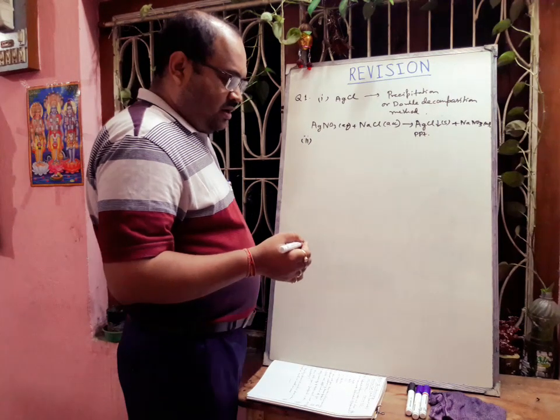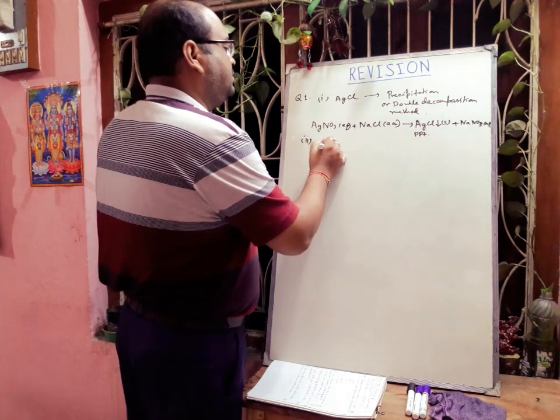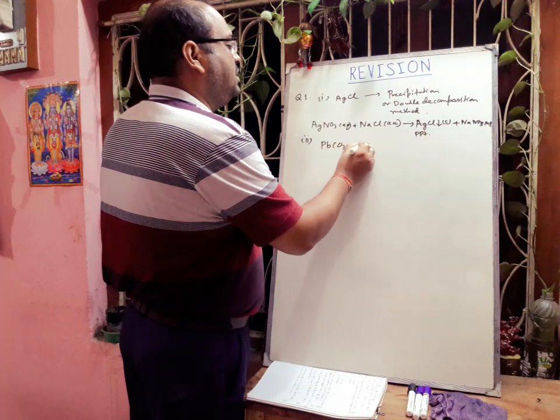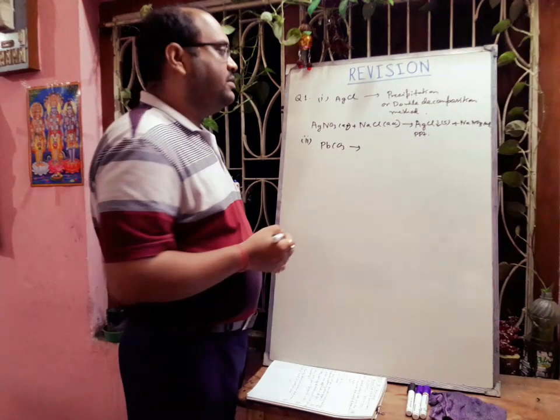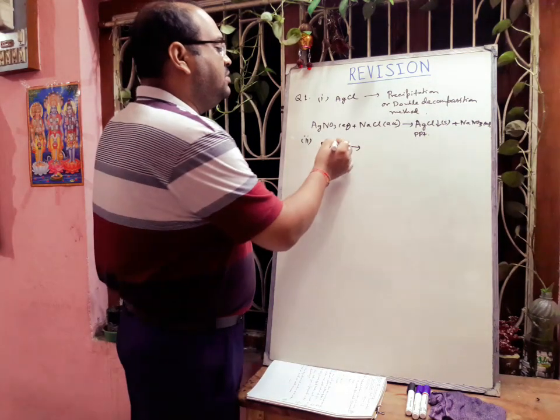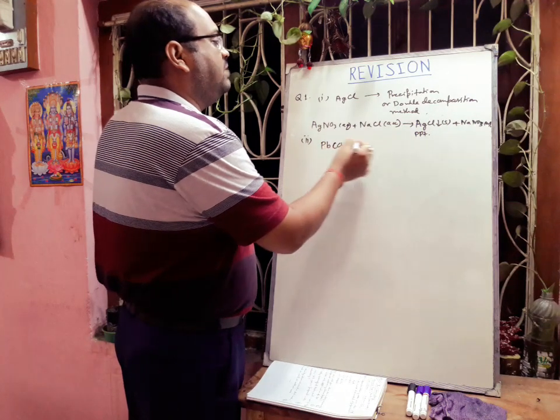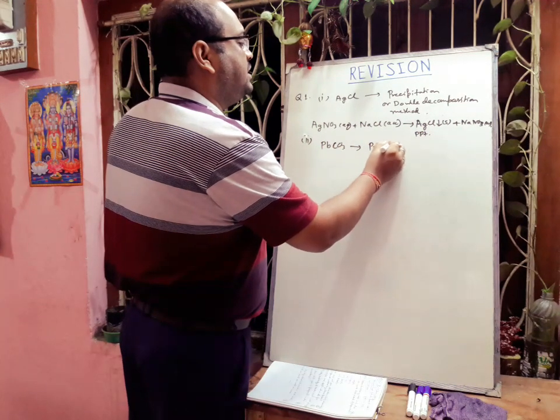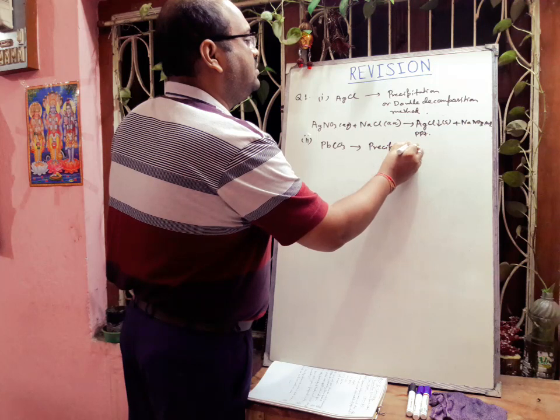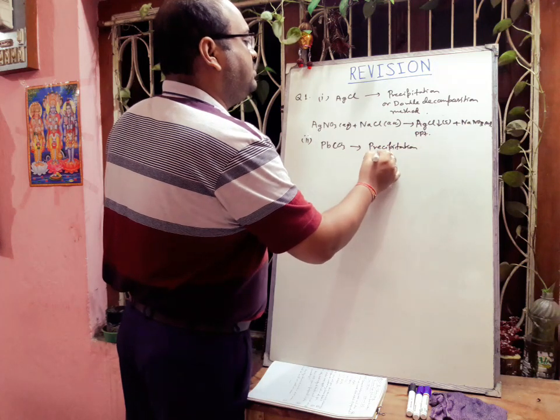Next question, the preparation of lead carbonate, PbCO3. This is a water insoluble salt. We can prepare it by precipitation or double decomposition method.